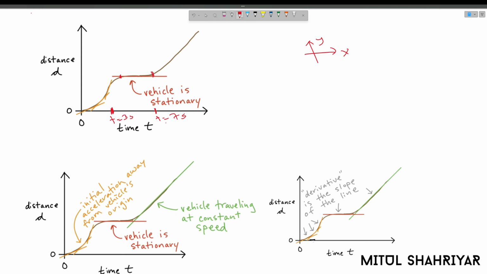So in this particular time range between 3 to 7 seconds, we can see there was actually no distance covered, right? Because the distance is the same. At 3 seconds, assume that the distance d was 5 meters, and at 7 it is still the same. That means the distance is what it was.